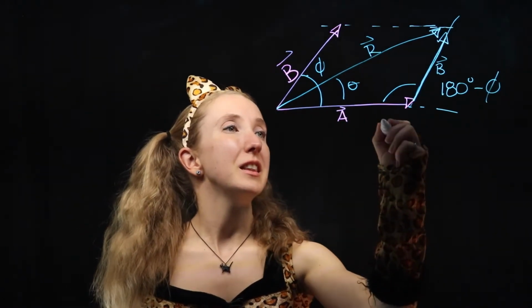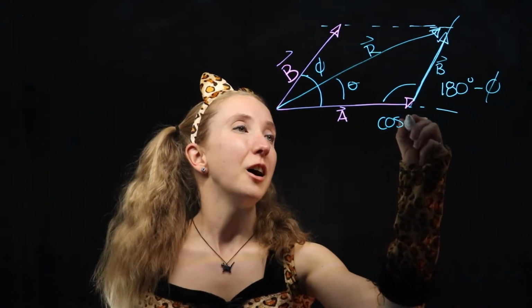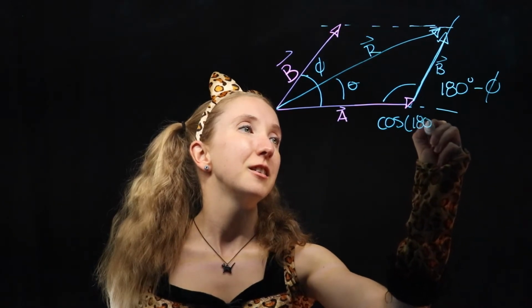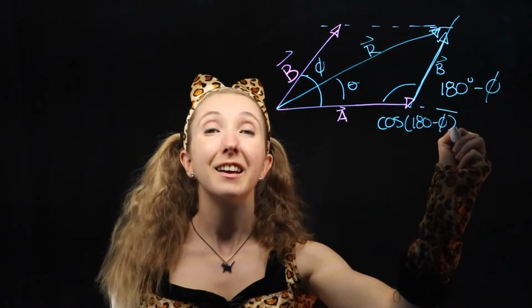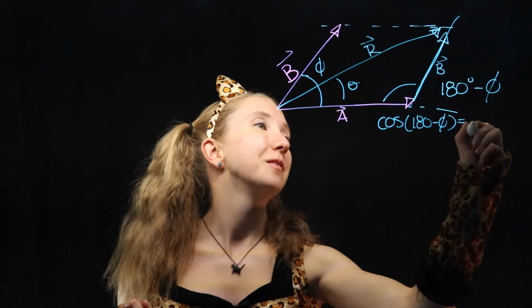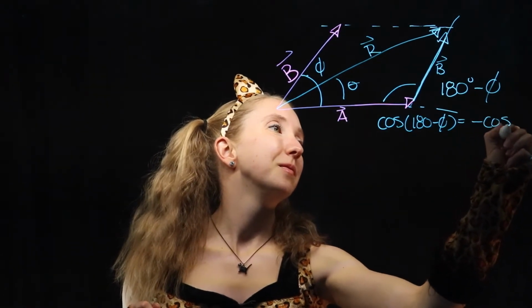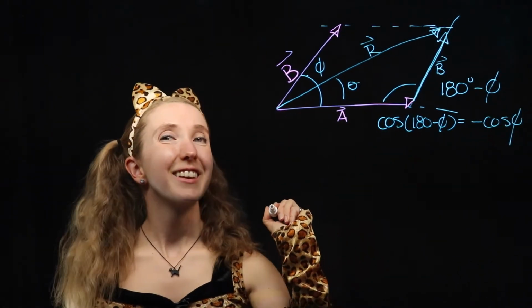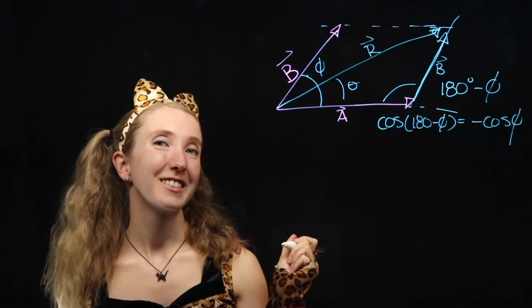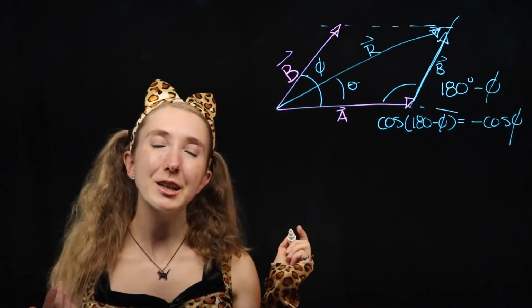And we know that the cosine of 180 minus phi is equal to the negative cosine of phi. If you don't believe me, here's proof.